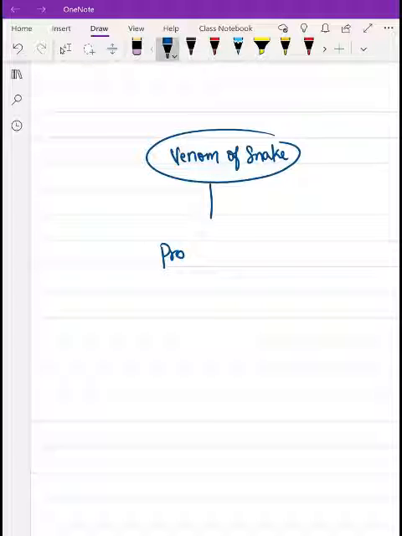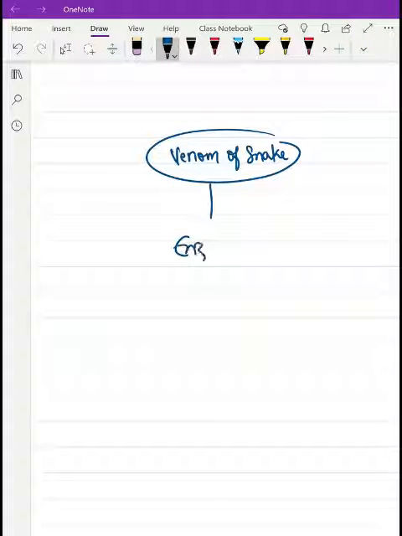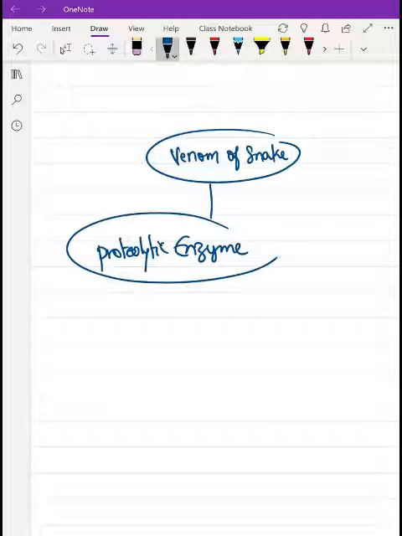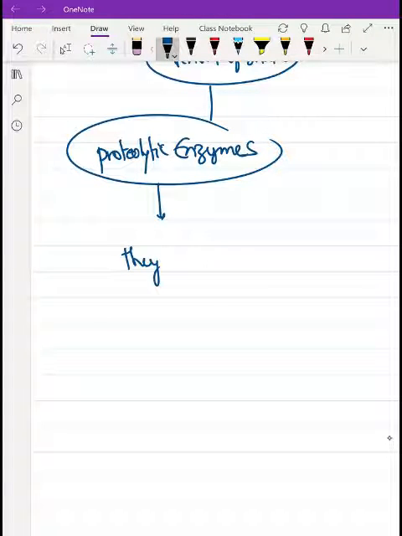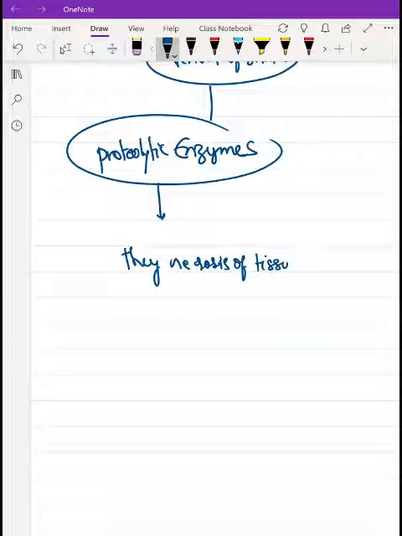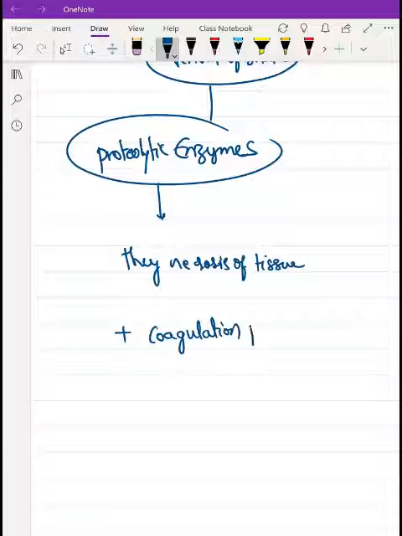Of these, the most important ones are proteolytic enzymes. What do they do? They are proteolytic in nature. They cause necrosis of tissue and cause disturbances in the coagulation pathway.